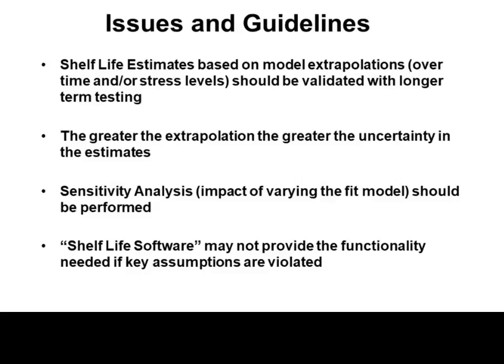But to be really comfortable, you're going to get these estimates based on extrapolation. It'd be nice if you could do some longer-term testing at normal conditions and validate that the models are giving you reasonable results, at least one time. And then you could have more confidence going forward in future studies.